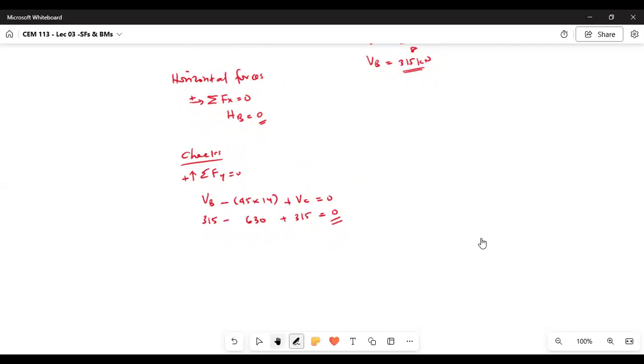We want to look at the last scenario called beam with internal hinges.